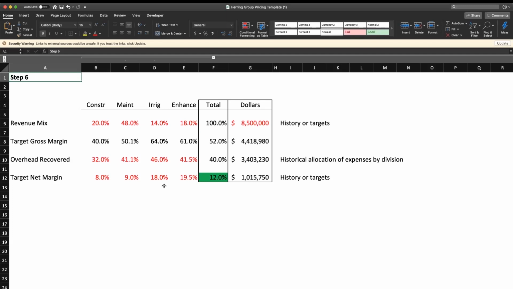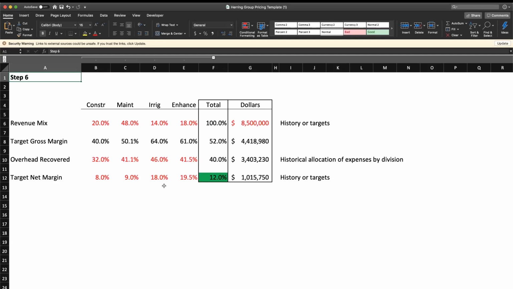And then the blend, the magic here, if you look at the formula, it won't show on the screen, but the formula that's generating that 12% is basically multiplying the revenue mix on line 6 by the target net margin on line 12, and the weighted average is 12%.